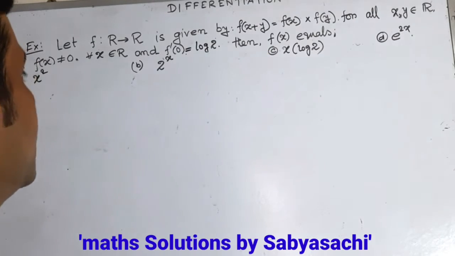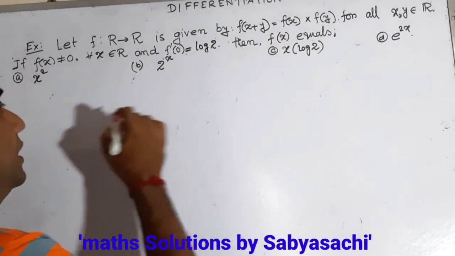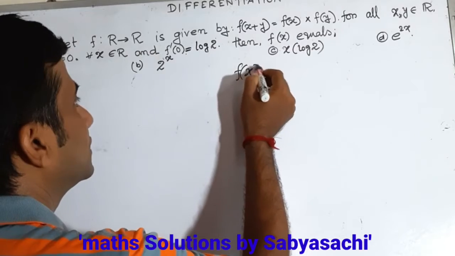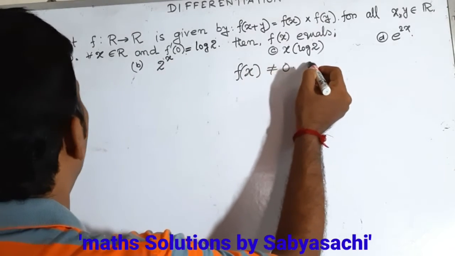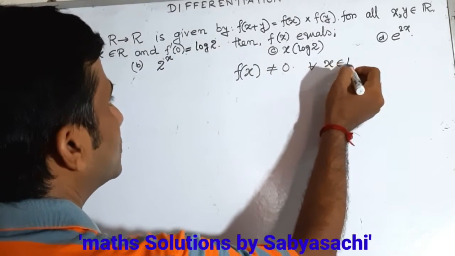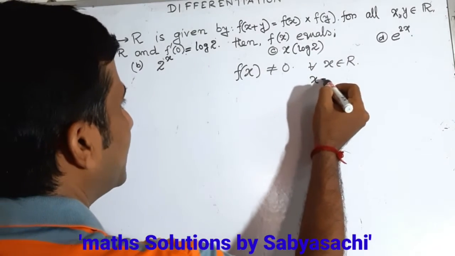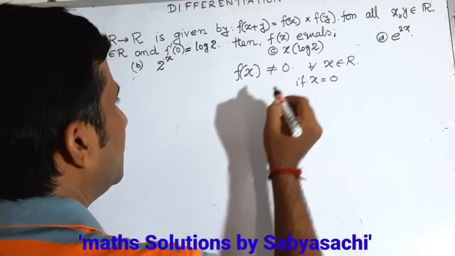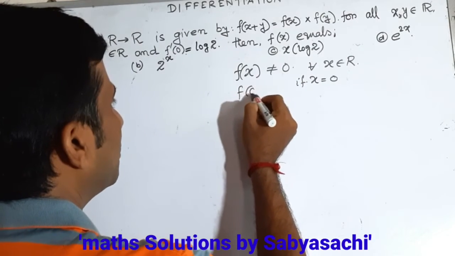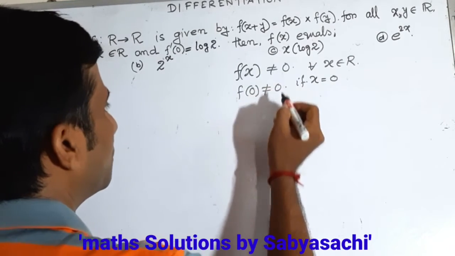Then f of x equals what? Here it is given that f of x is not equal to 0 for all x belongs to R. From here we can decide that if x is equal to 0, then f of 0 is not equal to 0.